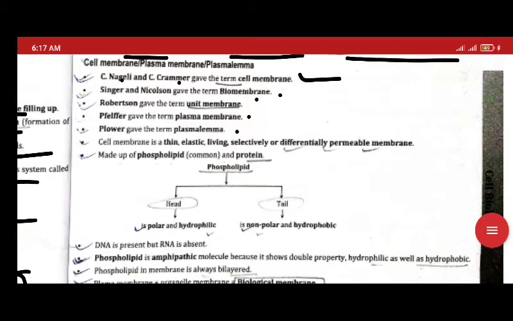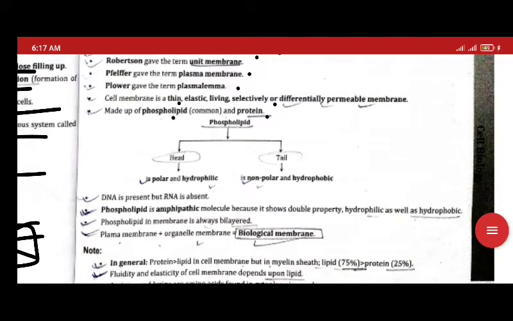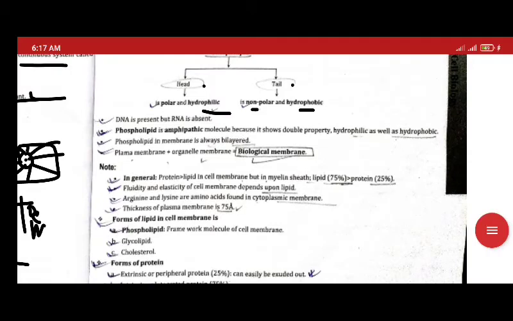Now the cell membrane is thin, selectively permeable, and made of phospholipid and protein. Phospholipid contains a head and tail. The head is hydrophilic, meaning polar, attracting water, and the tail is non-polar, meaning hydrophobic, rejecting water.